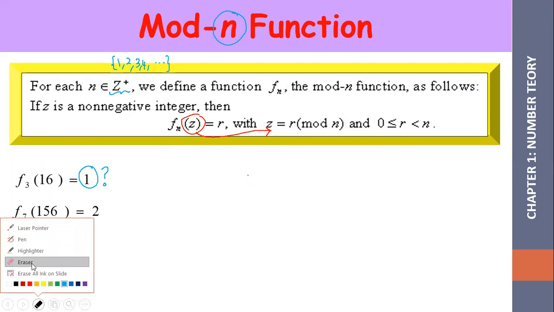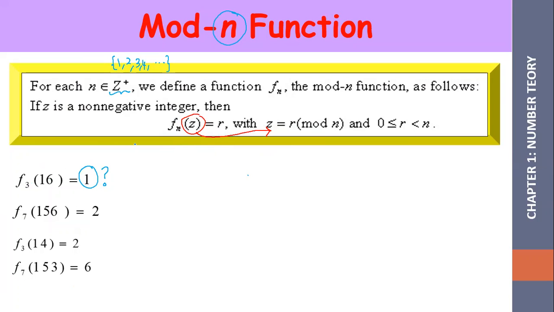You obtain it from here. This is your n, because we have f and z. So 16 is your z. What is 1? 1 is r. So how did you get it?